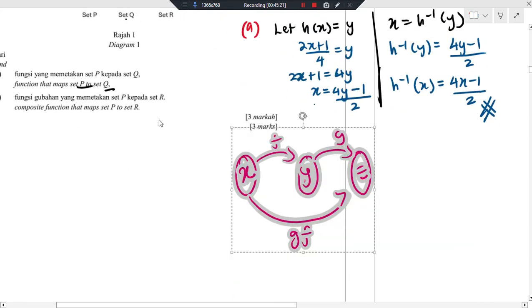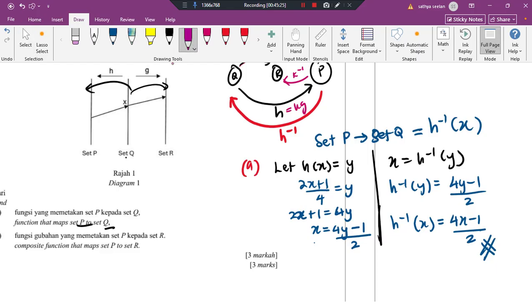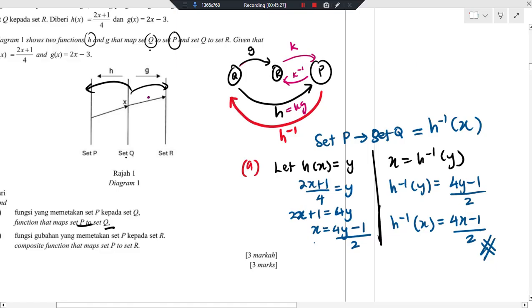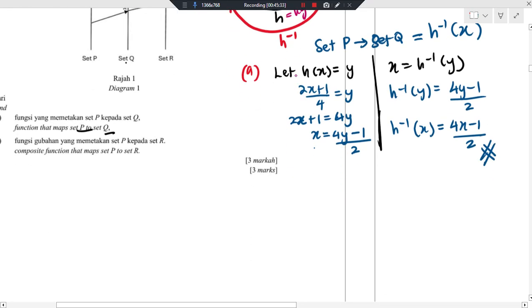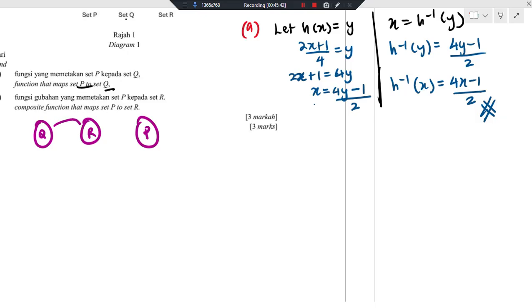Q, R, P. Okay. This one confirm G. This one confirm H. Okay, let's say we let function that connect R and P. R to P ke P to R? R to P first.